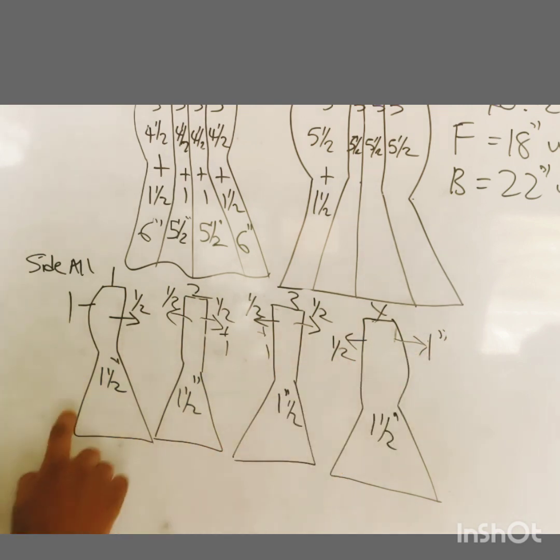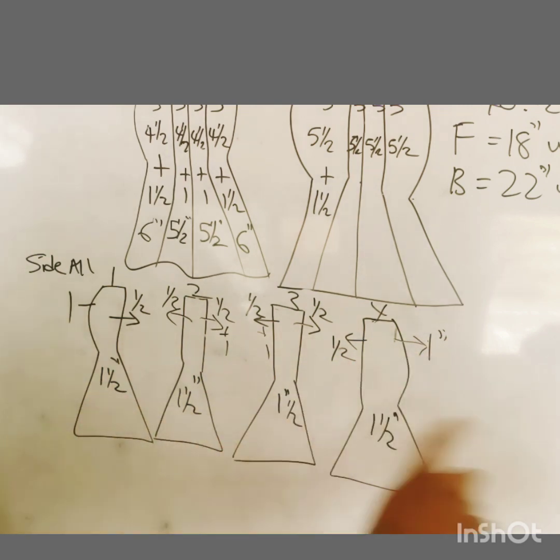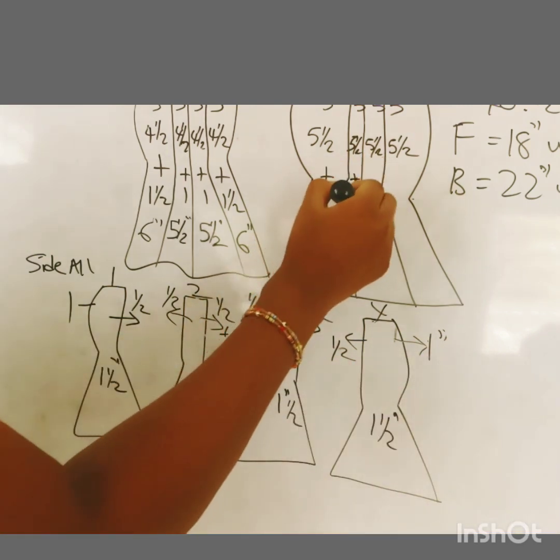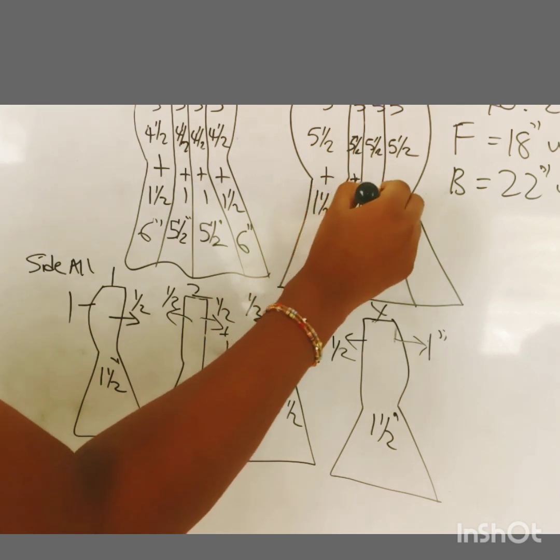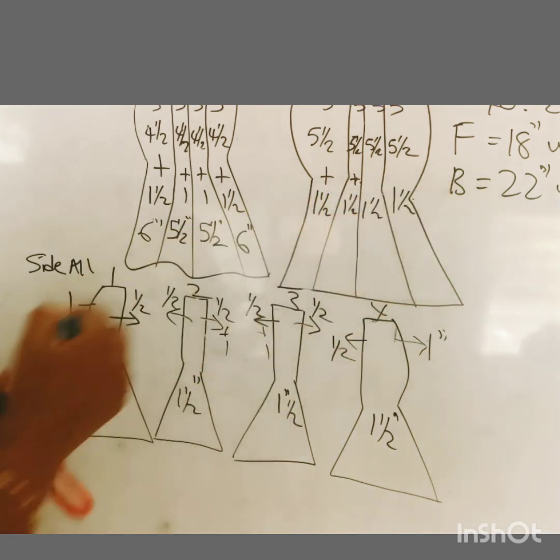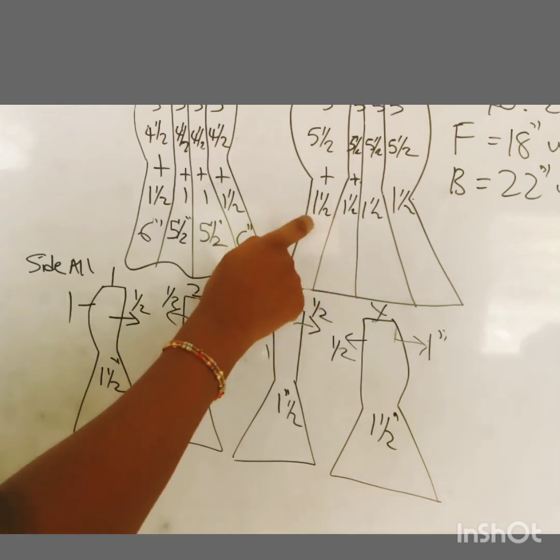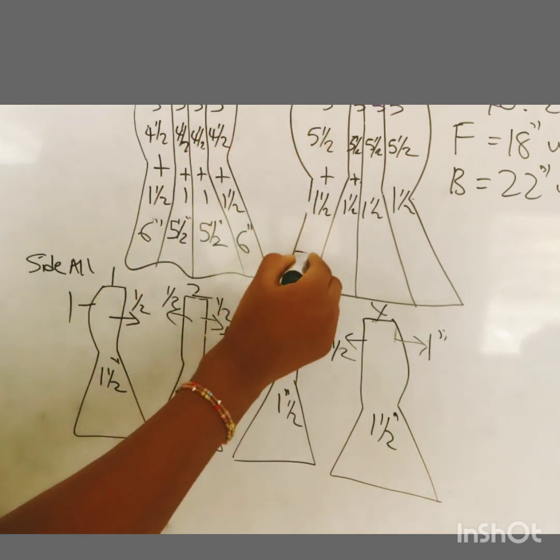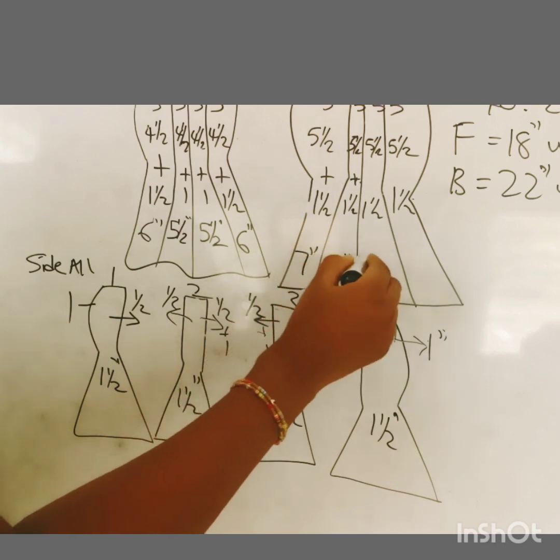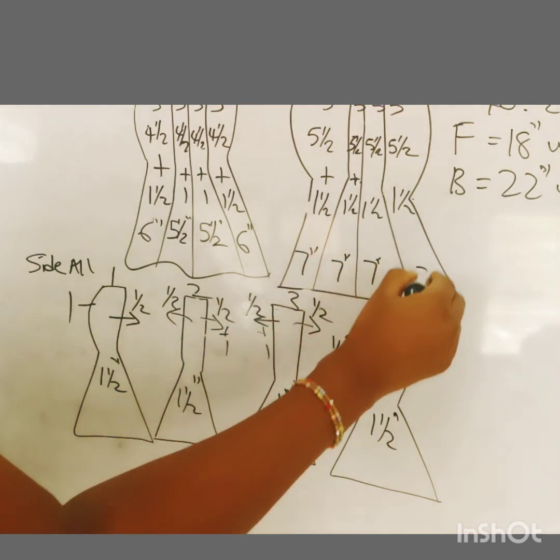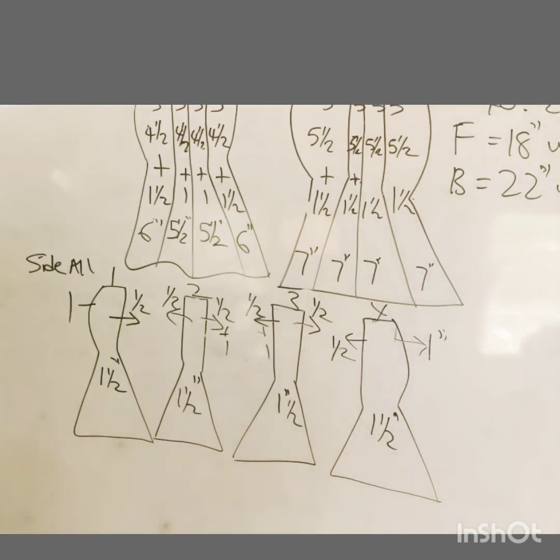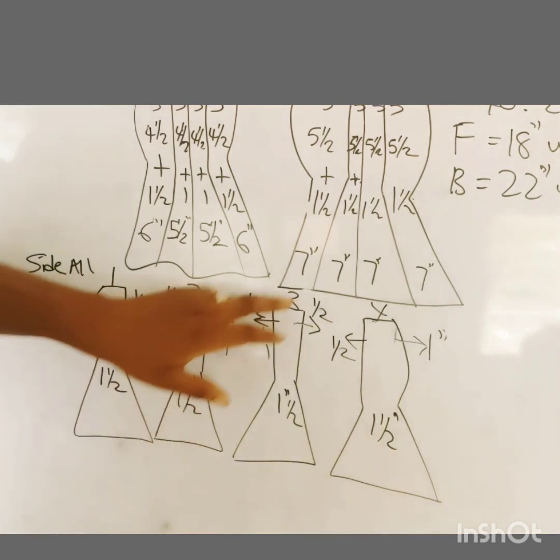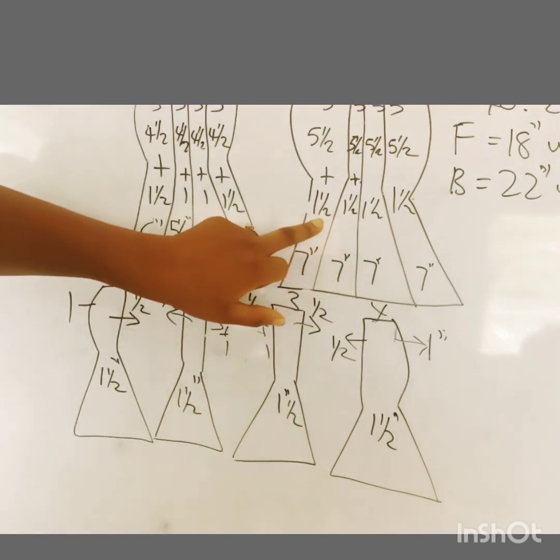So at the end of the day, you are having 1.5 all through. So by the time you add 1.5 to this, 5 plus 1, 6, 7. So this is going to give you 7 inches.